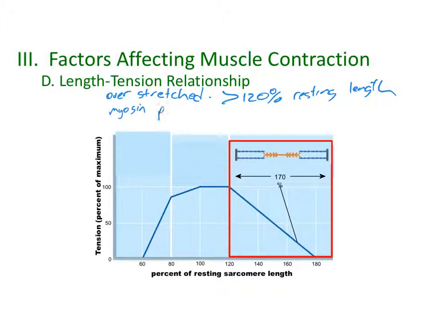So myosin is pulled off of actin. And because this is stretching further and further, you can see here's fewer and fewer myosin heads until you get to the point of fully separating those actin and myosin heads, and then no more force is being generated.